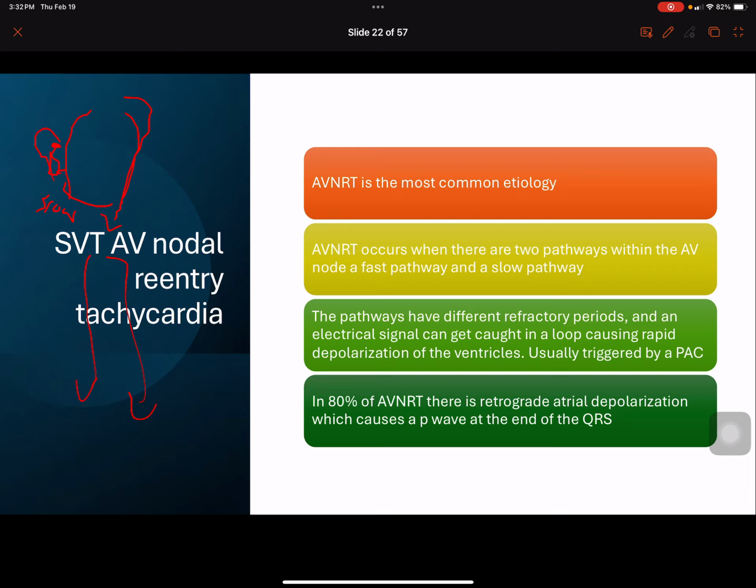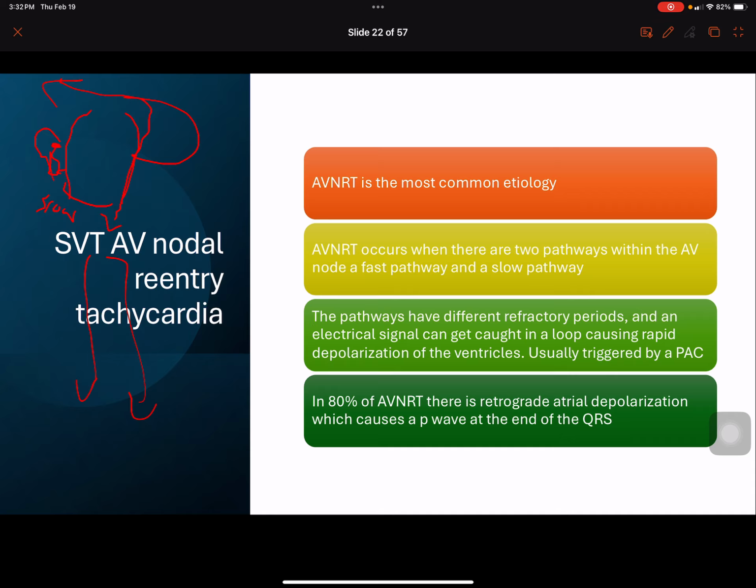In 80% of these AV NRTs, we get a retrograde atrial depolarization, where a signal travels up this way, causing a retrograde P wave.